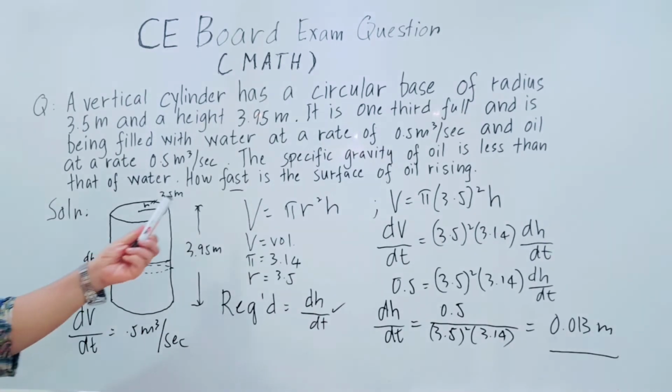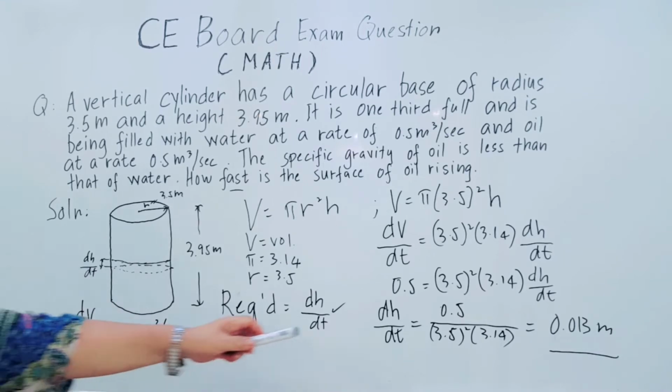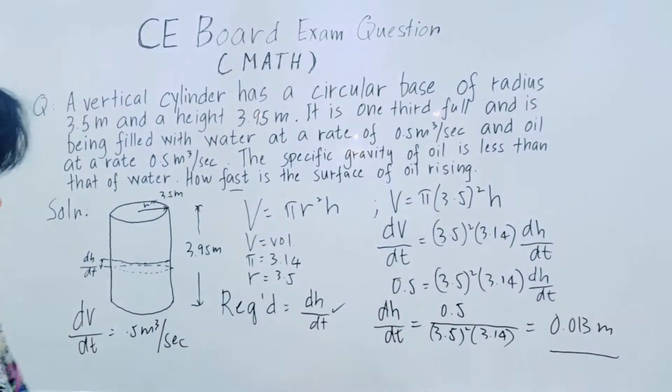So how fast is the surface of oil rising? That means 0.013 meter per second.